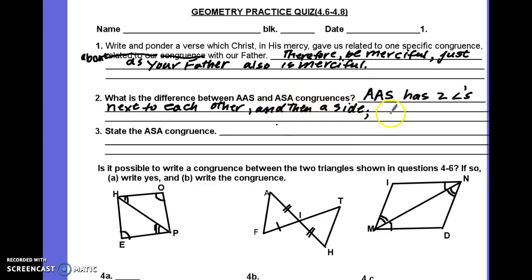So an angle, side, angle also has two angles, but has the side included or in between. But this included would be a nice way of saying it, included between the angles.